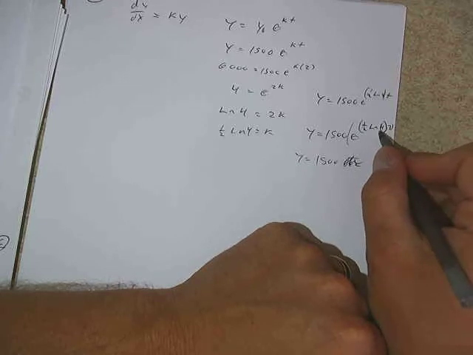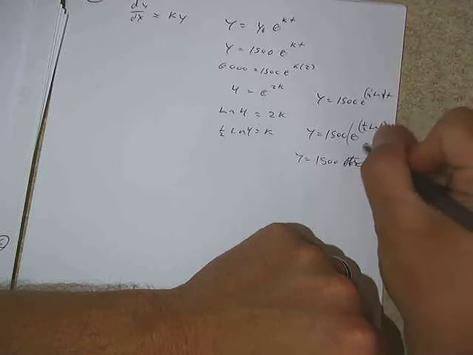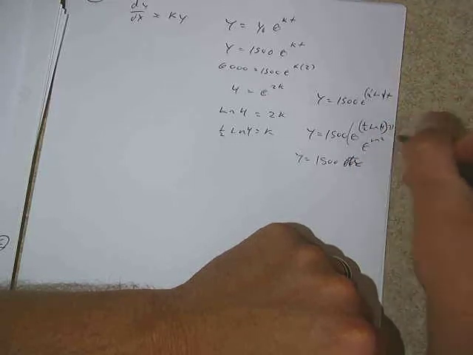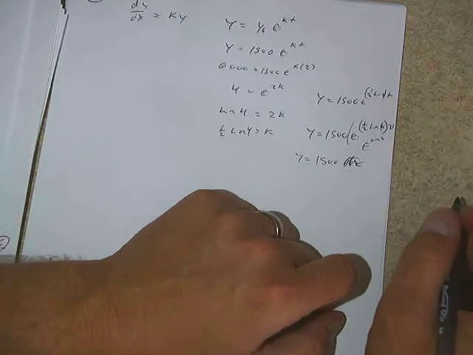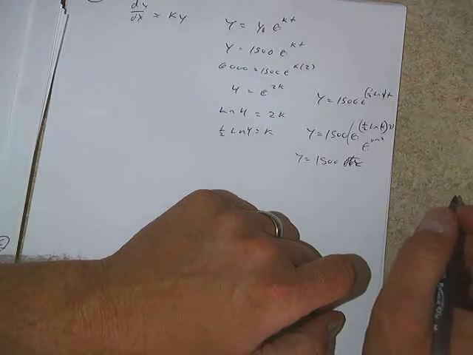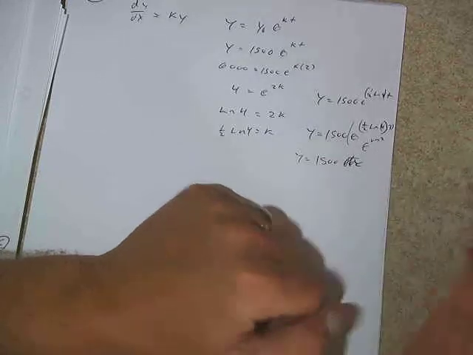Well, where could this 1/2 go? It could go up as an exponent. Wouldn't the e and the ln be composed with each other? So that means we'd have y equals 1500, and then the e and the ln would cancel out. We'd have the square root of 12.